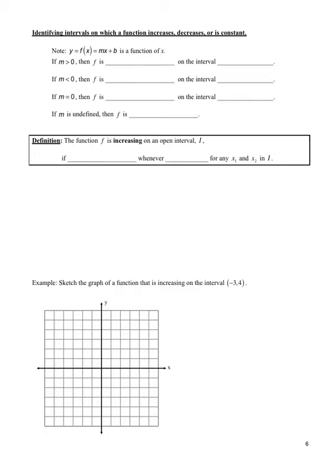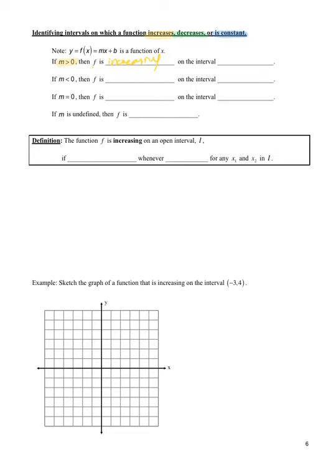Now, let's talk about how we can identify intervals for which a function is increasing, decreasing, or constant. So those are math terms. If I want to talk about when a function is increasing, the function is increasing when the slope is rising, greater than 0.